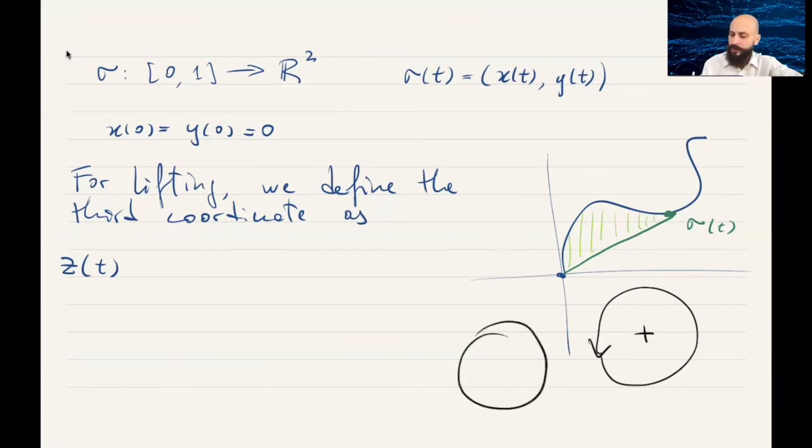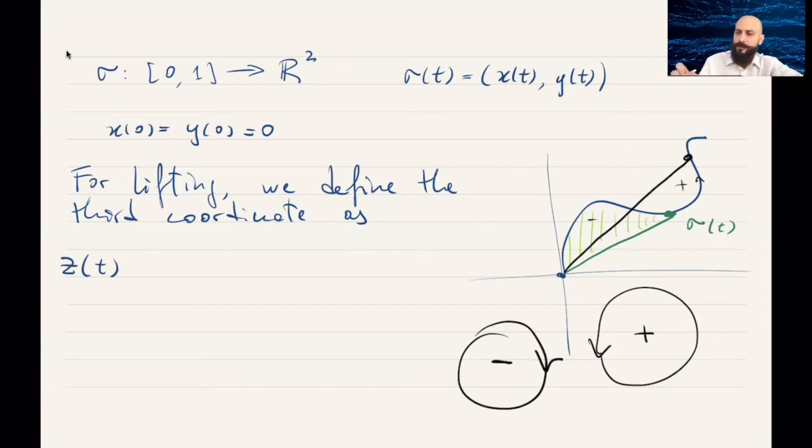When the curve goes clockwise, the signed area will be a negative number. And if the curve is sometimes going clockwise, sometimes counterclockwise, we are going to have in some part positive area, some part negative, and the signed area is the sum of these.